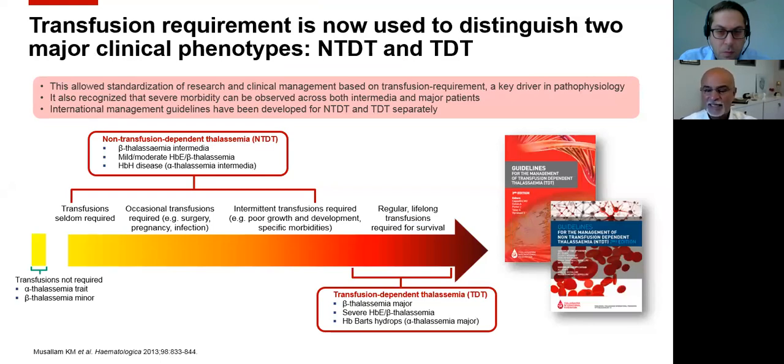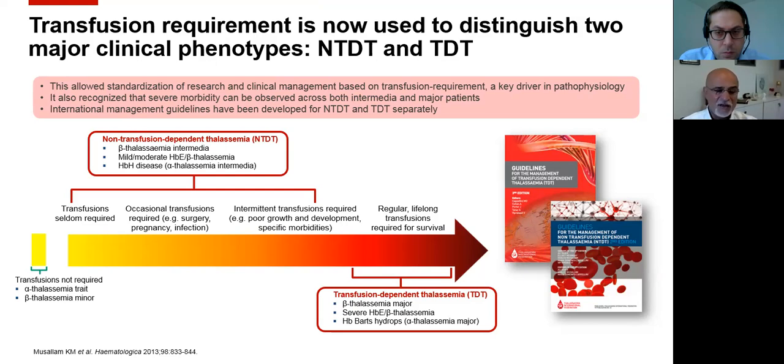At one part of this arrow, you would see that the TDT are those that require regular blood transfusion all through their life, and they cannot survive without blood transfusion. This is what we used to call thalassemia major. It includes beta thalassemia major, severe hemoglobin E beta, and hemoglobin Bart's hydrops.